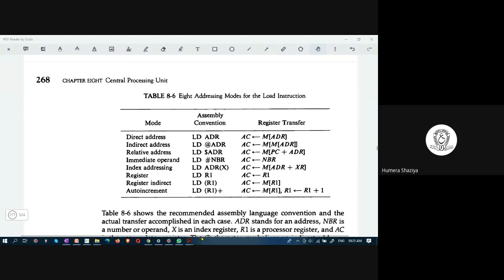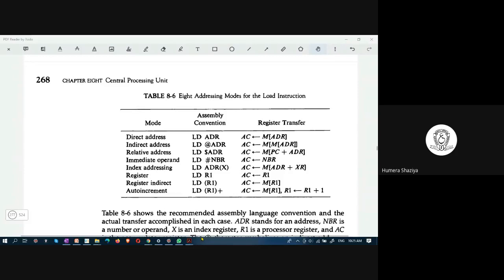Auto increment is denoted by LD (R1)+, and the plus symbol implies that after the address value stored at R1 is accessed, it has to be incremented. It comprises two statements.